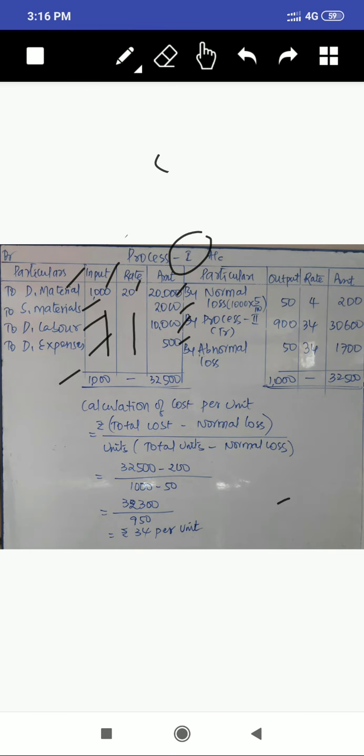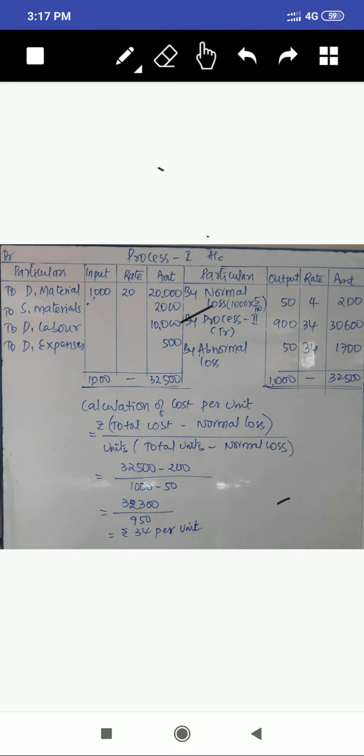Normal wastage is 5%. 5% of what? 5% of this 1000 input in our raw materials, you will get 50. And one unit rate is how much given in the last line of the question? 4 rupee. Multiply these two, what will you get? 200.